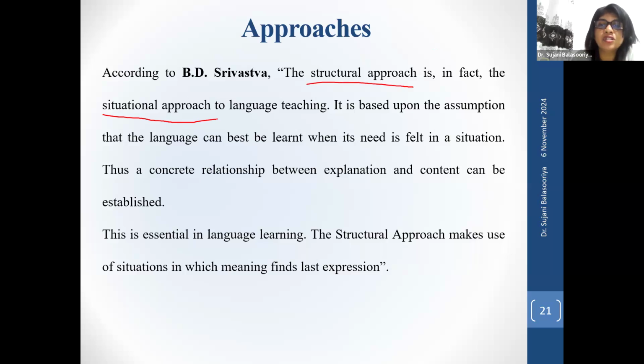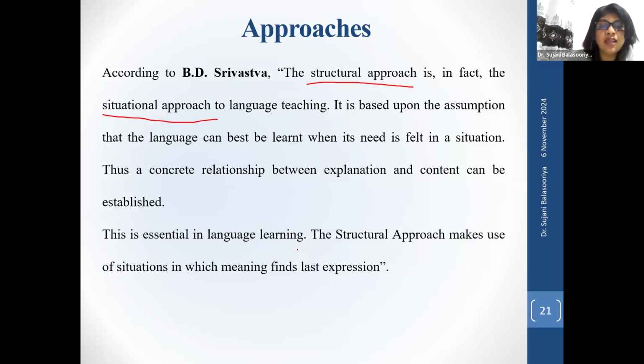And according to him, the language can be learned very well when its need is felt in a situation. So that is what he means by situational approach. And for him, structural approach is the same as the situational approach.